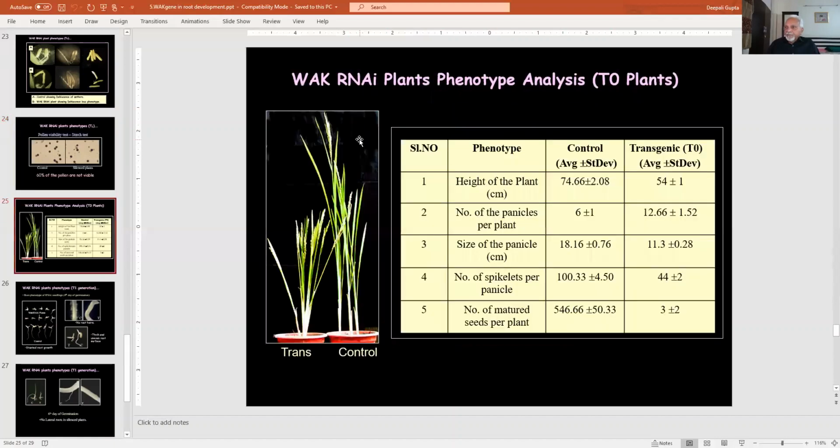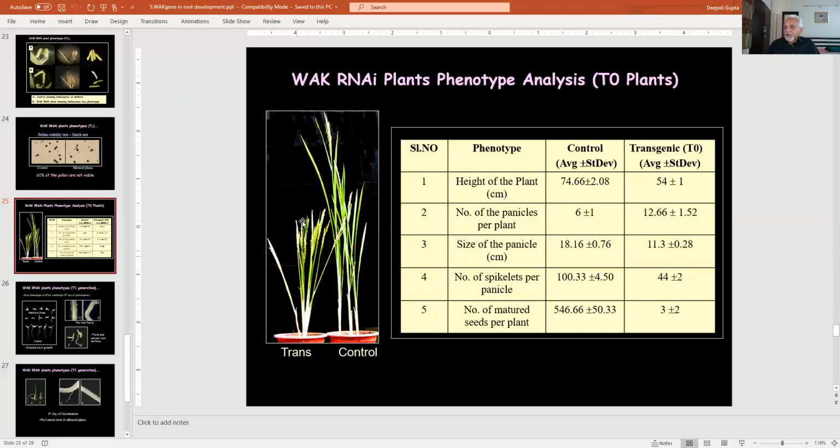Now, in the mature plants, if you compare different parameters, you can see the height of the plant. Normal plant average height is 74 centimeters, and the silenced had 54. So it shows dwarfism.